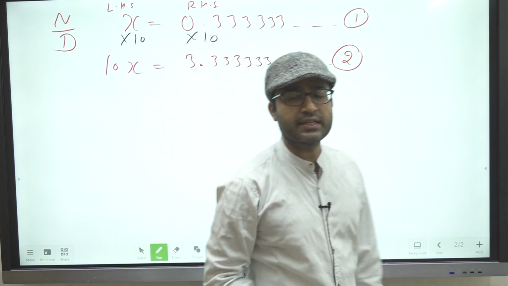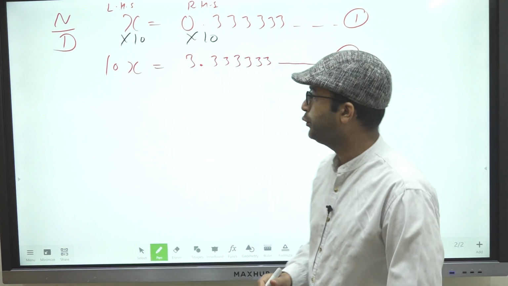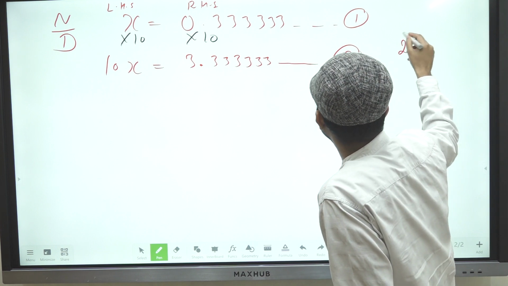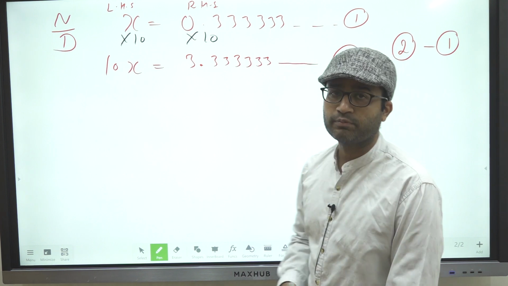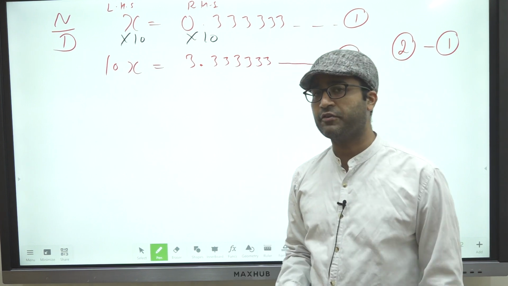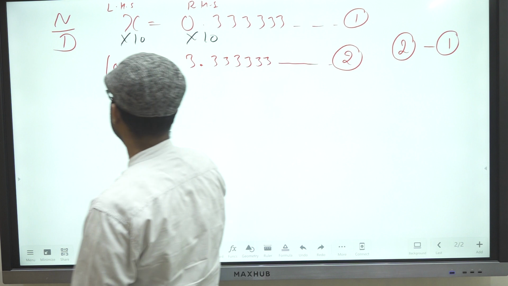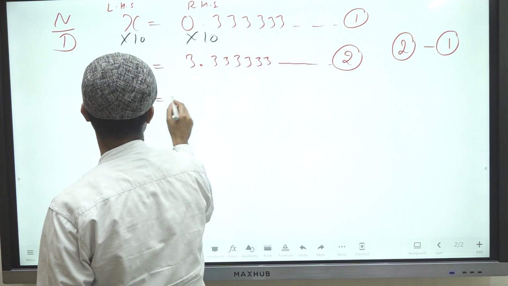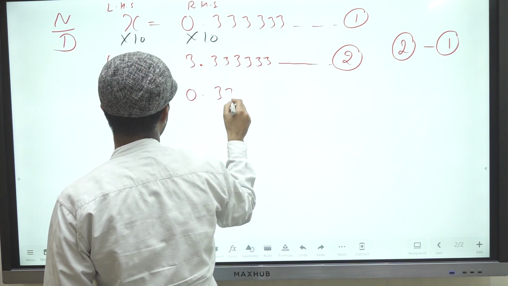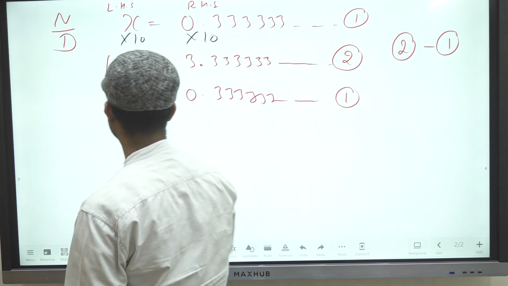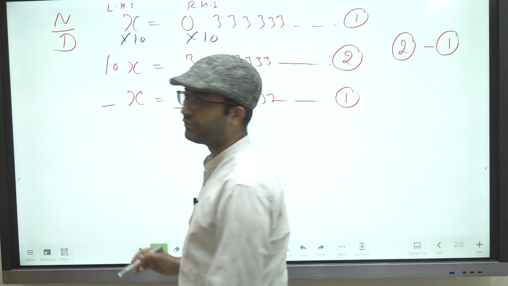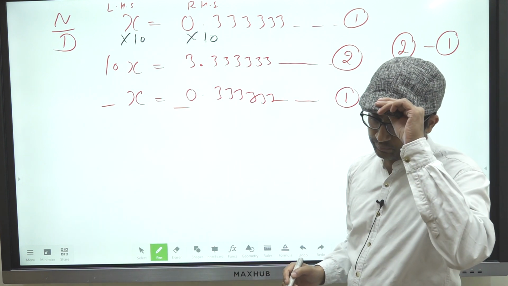Now just to understand the concept, we do equation number 2 minus equation number 1. From the second equation, I subtract the first equation. And what is our first equation here? x is equal to 0.33333. We subtract the left hand side as well as the right hand side.